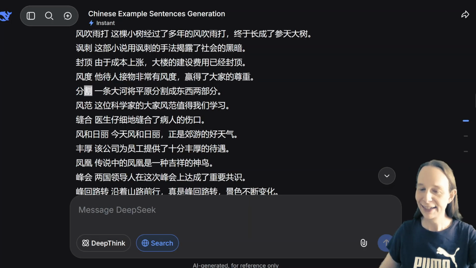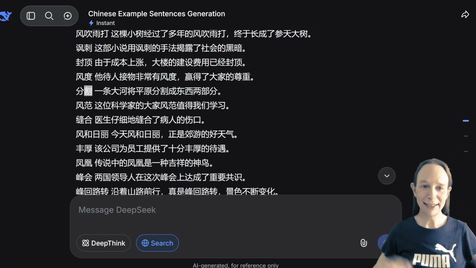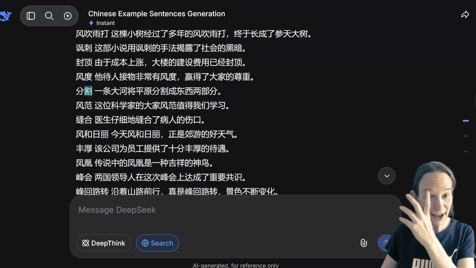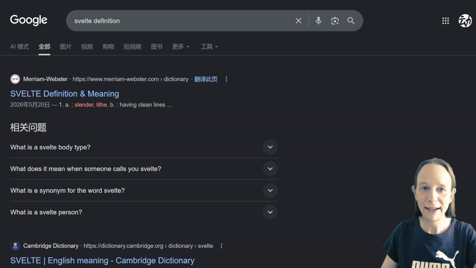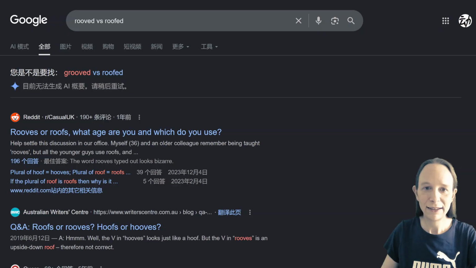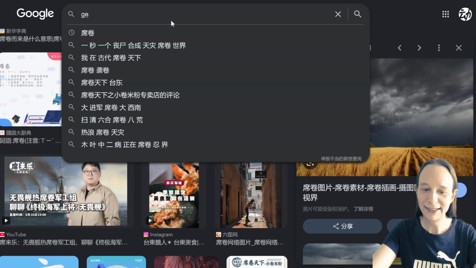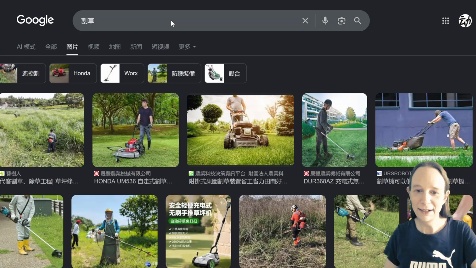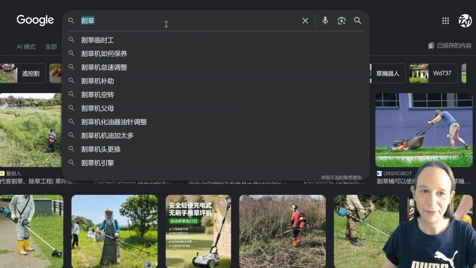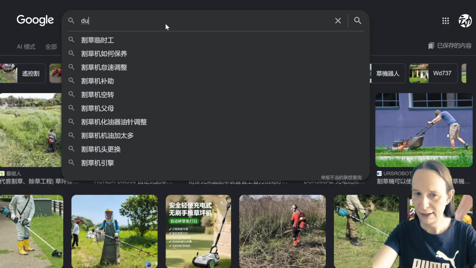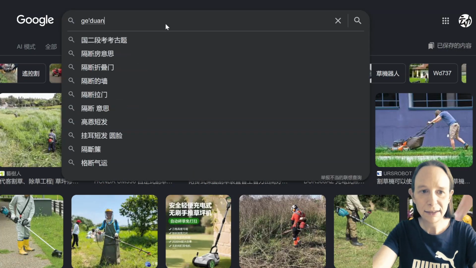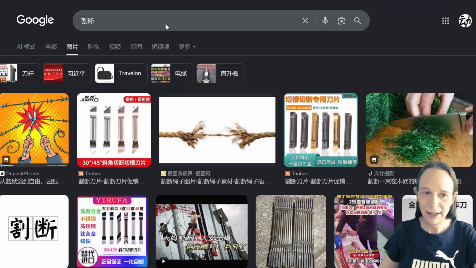分割. 割 is to cut or sever. 割草, cut the grass. How did we get onto these topics? Yeah. Is it 断割 or 割断? 割断, to sever.